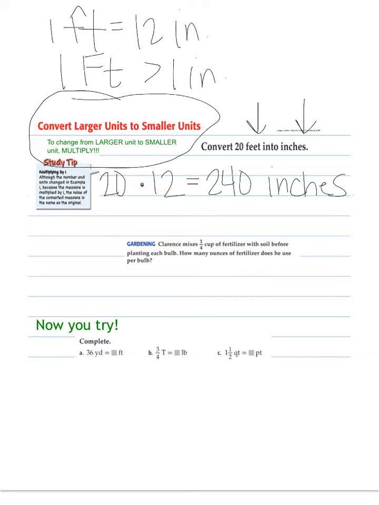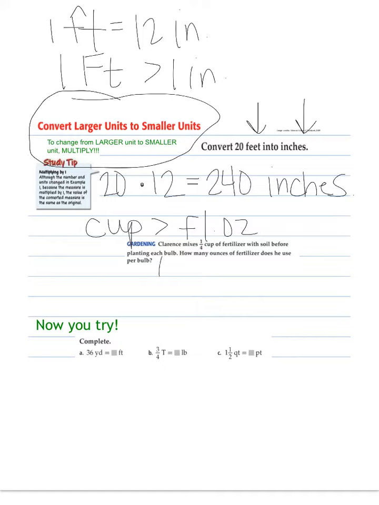Clarence mixes 1/4 cup of fertilizer with soil before planting each bulb. How many ounces of fertilizer does he use? So I'm going from cups to fluid ounces, and I know that a cup is greater than a fluid ounce, 1 fluid ounce.